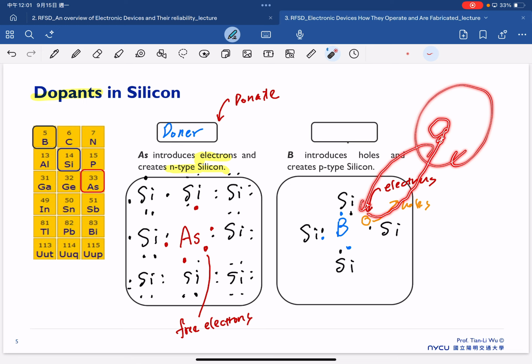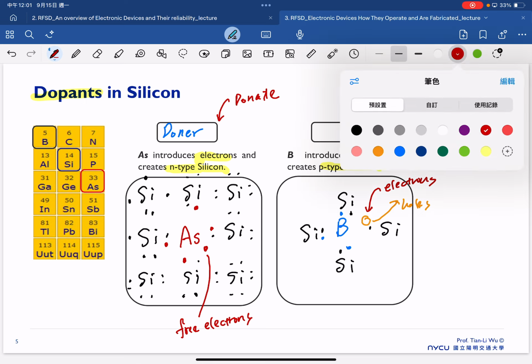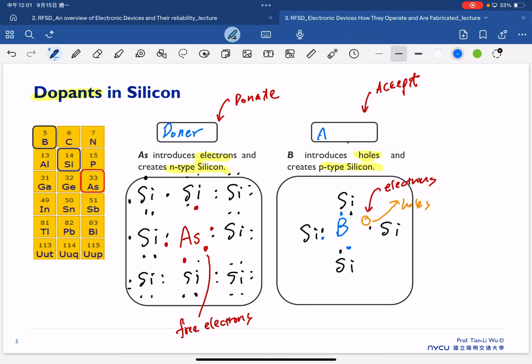So you can imagine this is also hole movement in the end. So boron introduces holes and in the end creates p-type silicon, and because boron can accept 1 additional electron from another place, that's why we call this an acceptor.